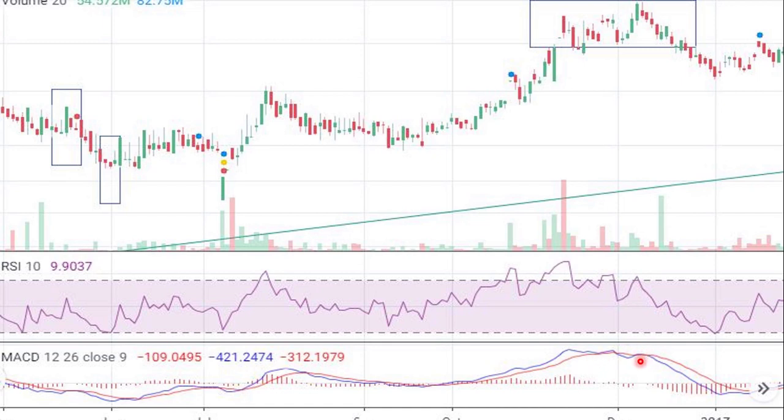Okay, and when this blue line crosses this red line and becomes up.